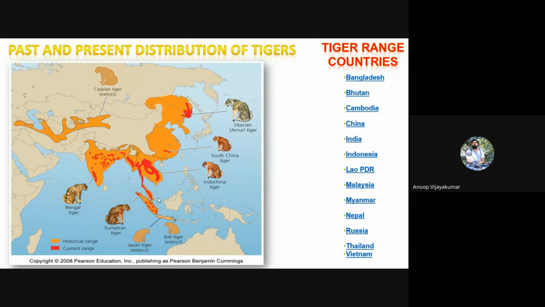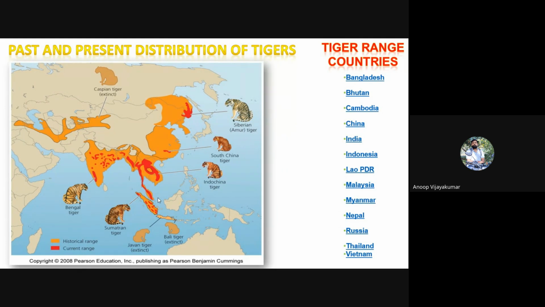Subspecies, in very simple terms, are isolated, different populations with different morphological characters, but they are able to interbreed. Usually they are distinct populations whose characters are different. So we now have six subspecies of tigers globally, and there used to be nine.